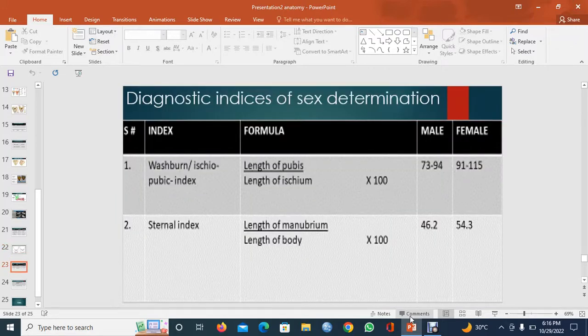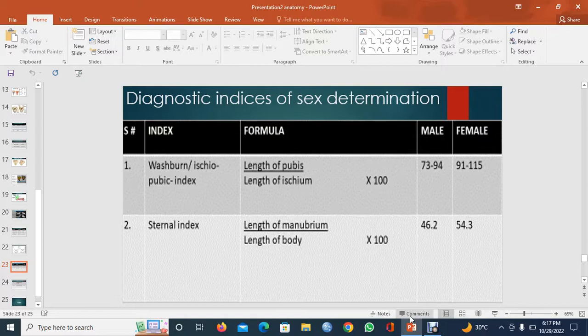Okay, now we'll talk about the diagnostic indices of sex discrimination, which are very important, and they give approximate results about the accuracy in determination of sex in both males and females.